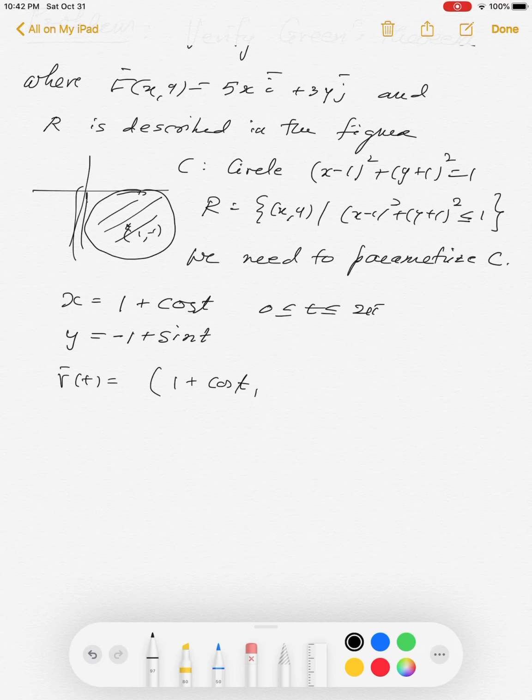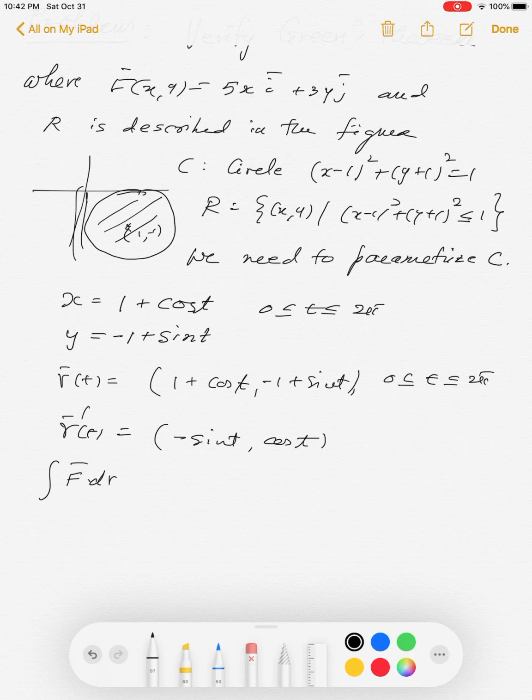So r bar of t is going to be (1 plus cos t, minus 1 plus sin t), and then you can take the derivative. This is (minus sin t, cos t).